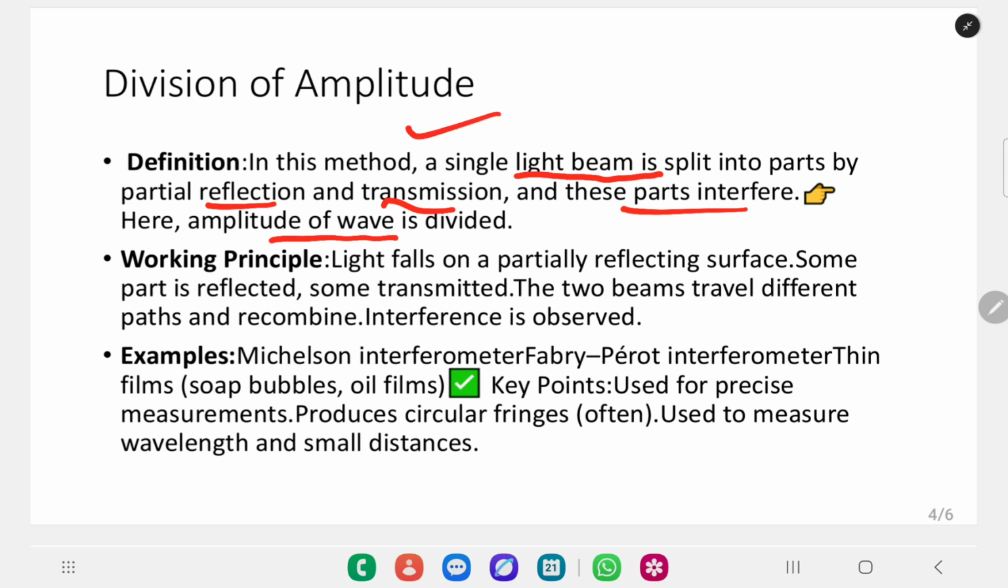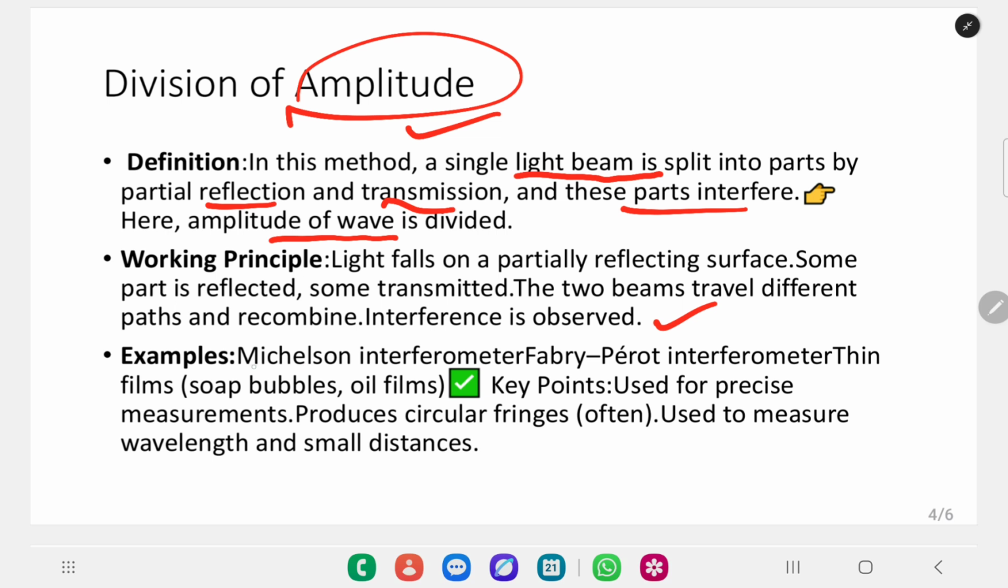The light wave is divided into two or more parts by reflecting and transmitting. By partial reflection or refraction at the surface, the two parts travel through different paths and reunite. When they overlap or reunite, they produce interference fringes. This interference fringe is due to the division of amplitude. That is the working principle.